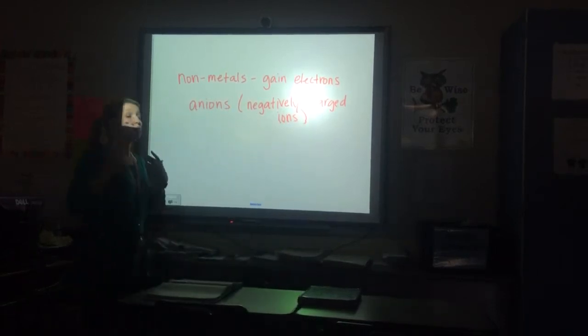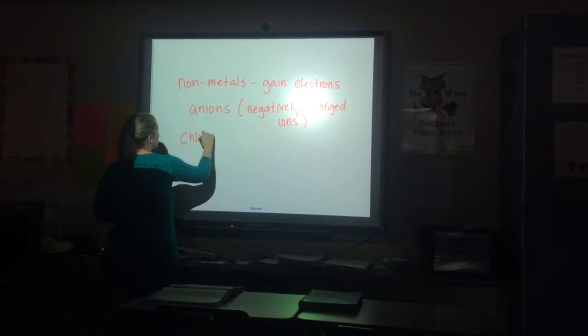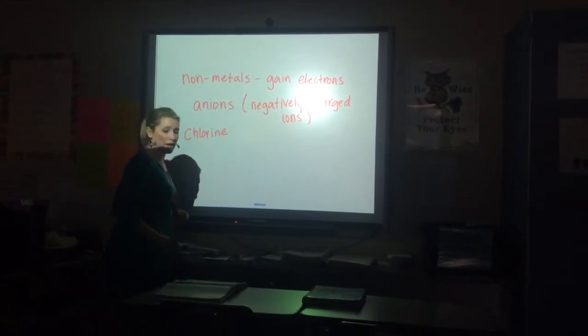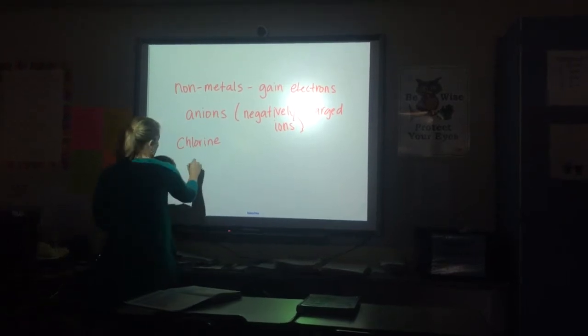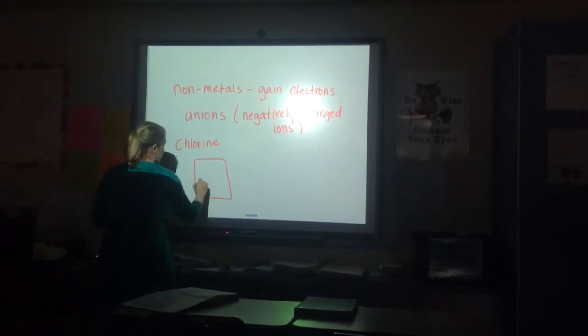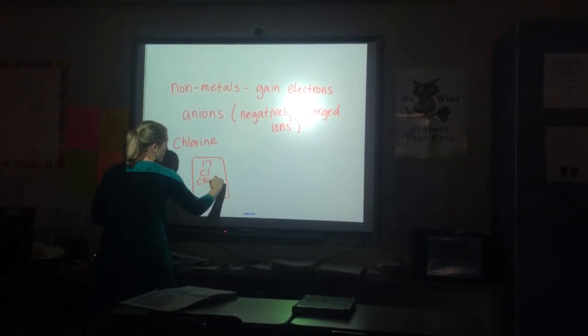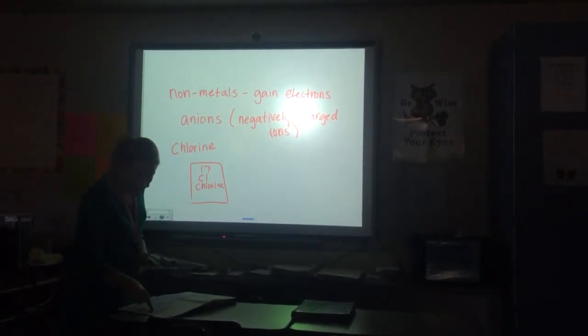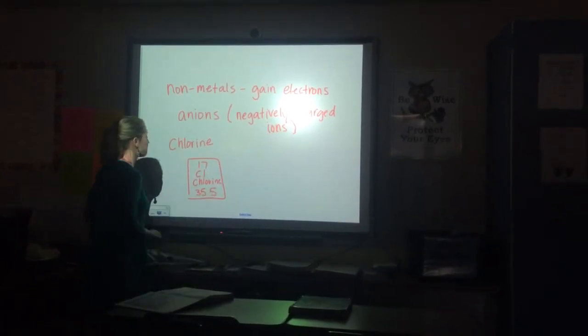Okay? So chlorine, for an example. We'll look at chlorine. Chlorine is a nonmetal. Chlorine has the element square. You've got 17, you've got Cl, chlorine. And then you've got atomic mass 35.5.